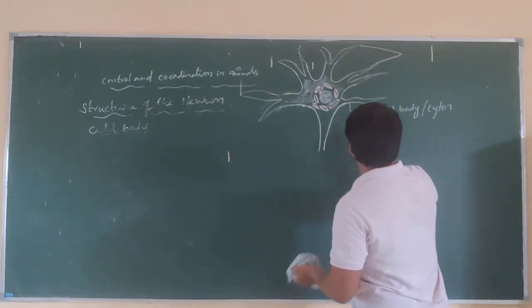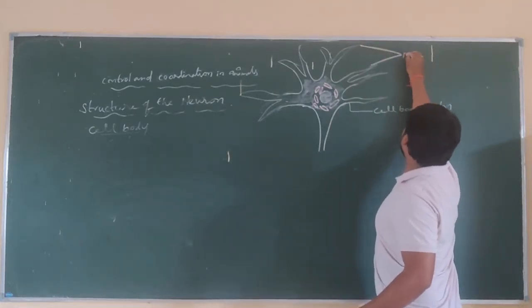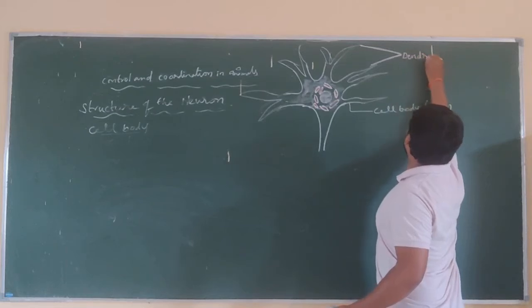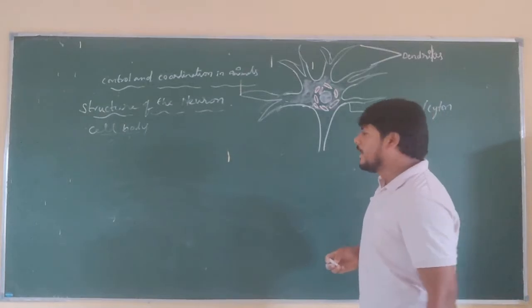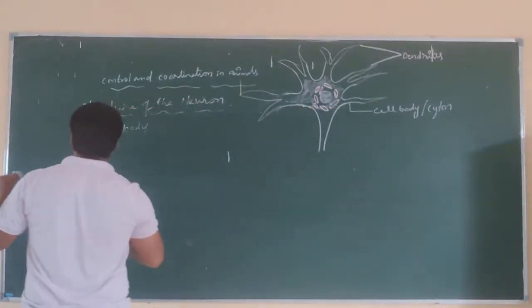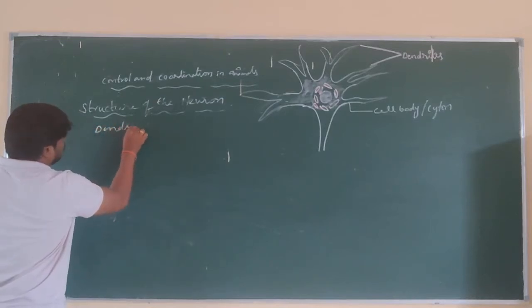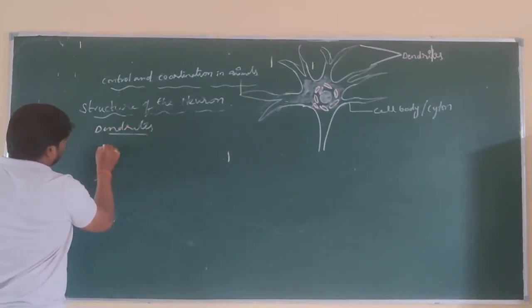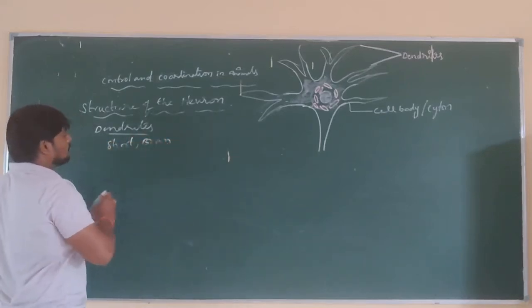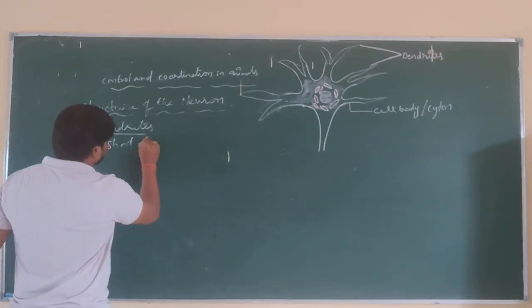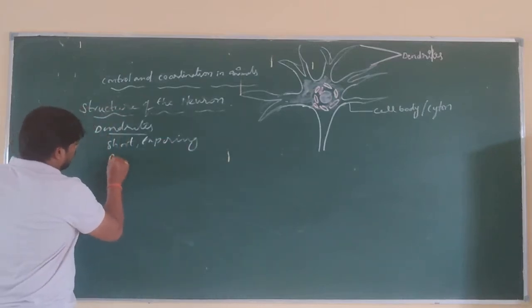dendrites. So dendrites are branched. Next one, dendrites, if you observe, they are short, tapering, branched.